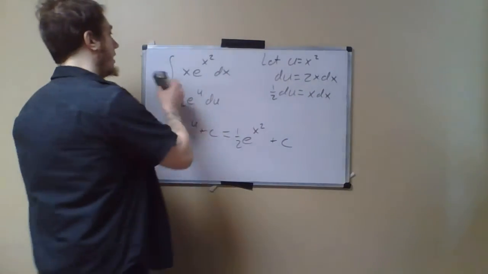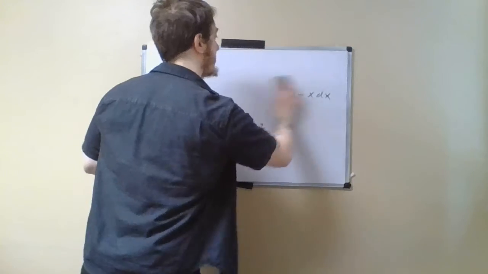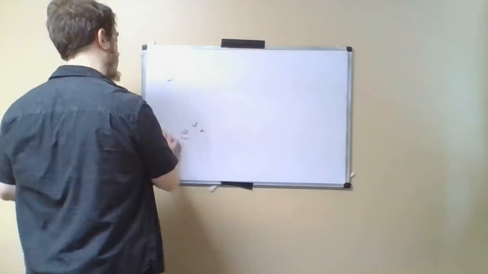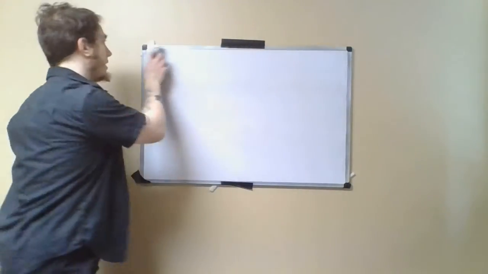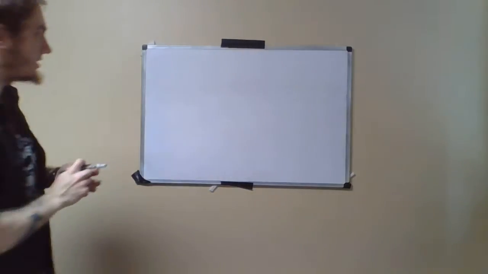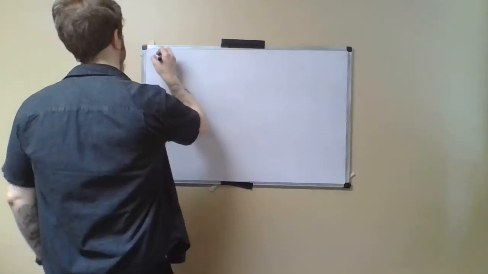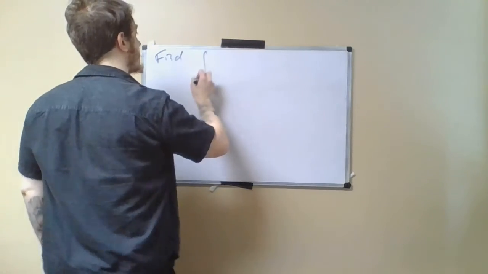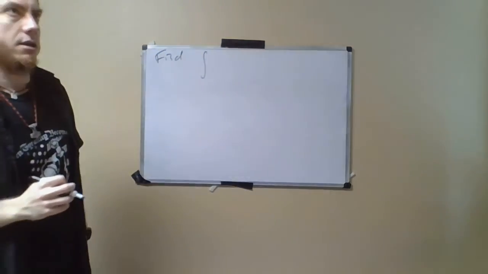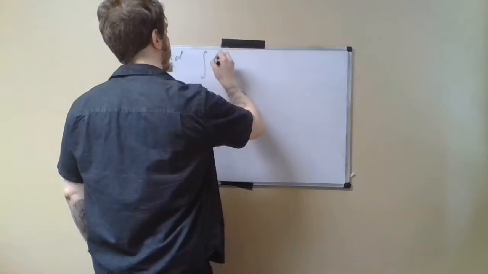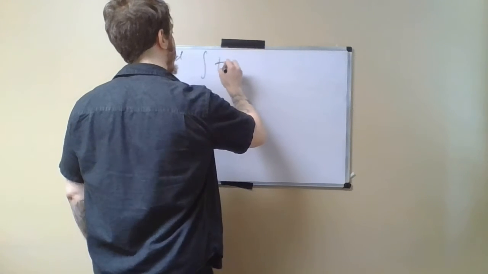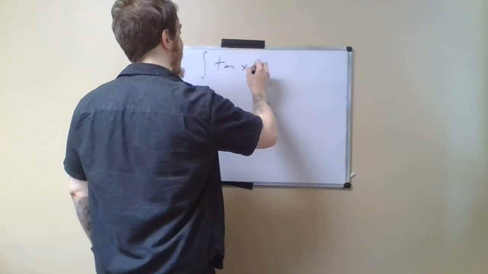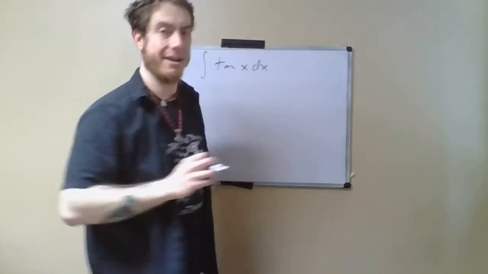There we go. So let me give you guys an example to try to work out yourselves now. Let's suppose that you want to find the integral of, let's say, tan x dx.